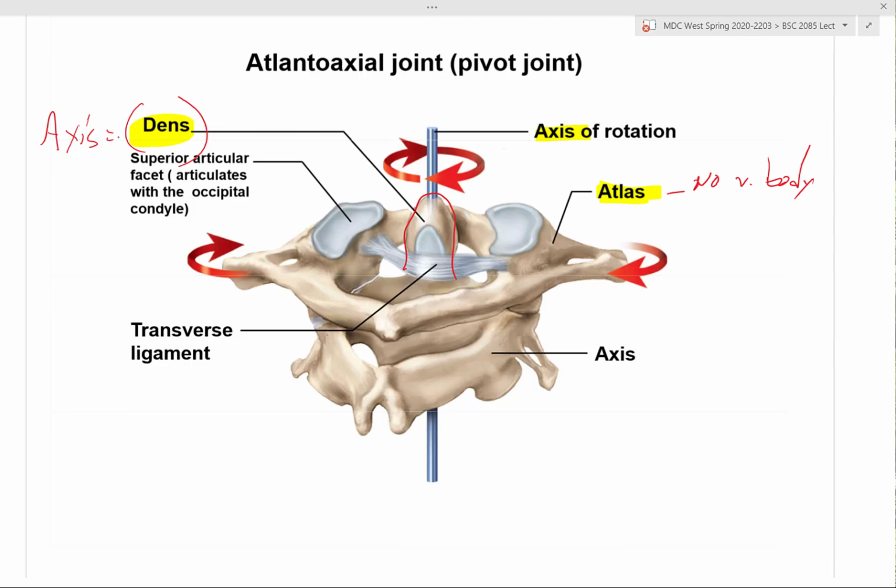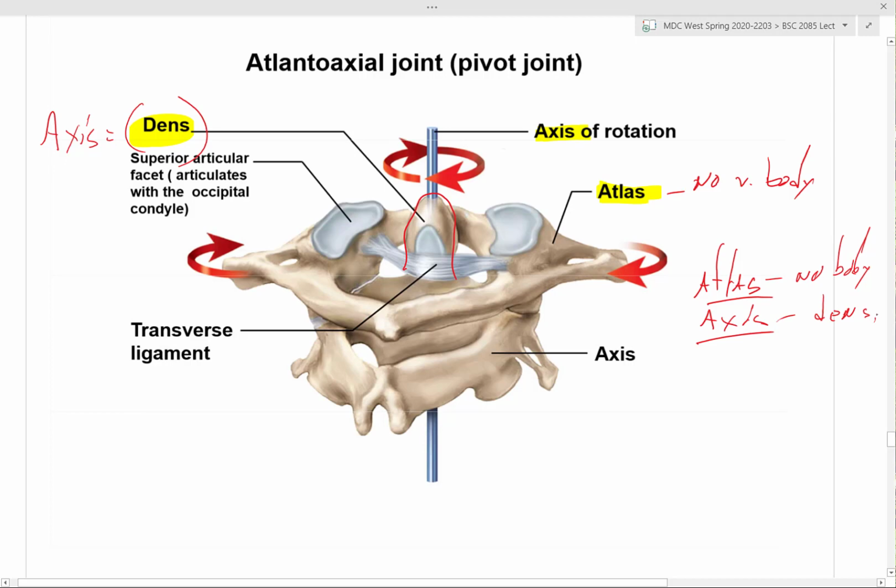Now, for all the cervicals, okay, what is there? So we talked about atlas, and we talked about axis, right? This one is no body, and the other one is what? Dens. For the rest of all the cervical vertebrae, right? This is C1 and C2.